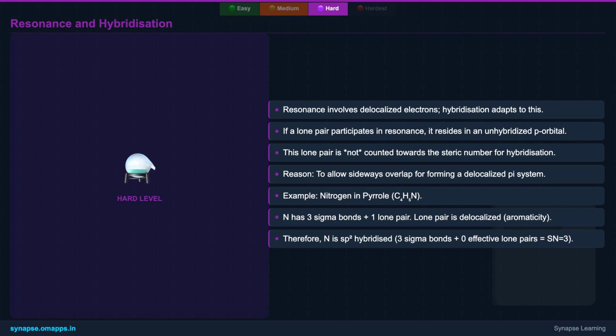Therefore, this lone pair occupies an unhybridized p orbital, and the nitrogen is actually sp² hybridized, 3 sigma bonds plus 0 effective lone pairs is equal to 3. This concept highlights how resonance can influence the apparent hybridization state and is fundamental to understanding the stability and reactivity of conjugated and aromatic compounds.